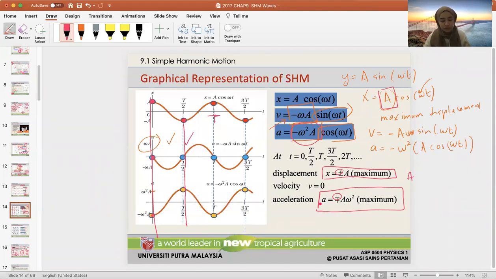But by convention, if the question asks for the maximum acceleration, you give me a positive answer. Okay? Just use that equation basically.